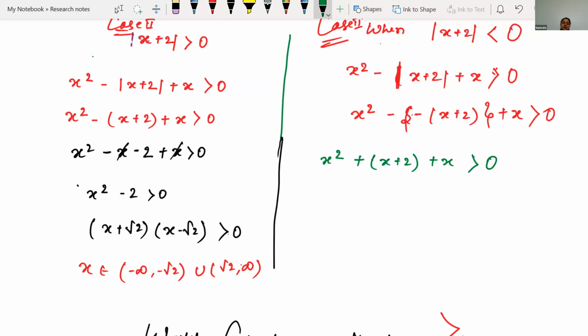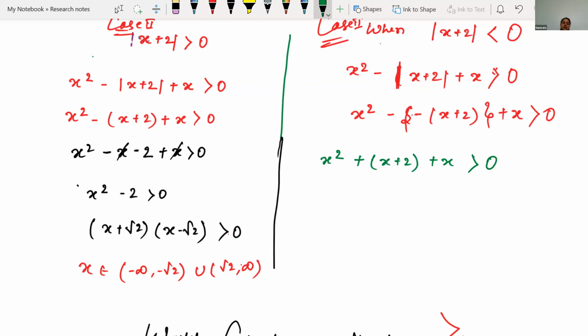So what will be the solution of this one?